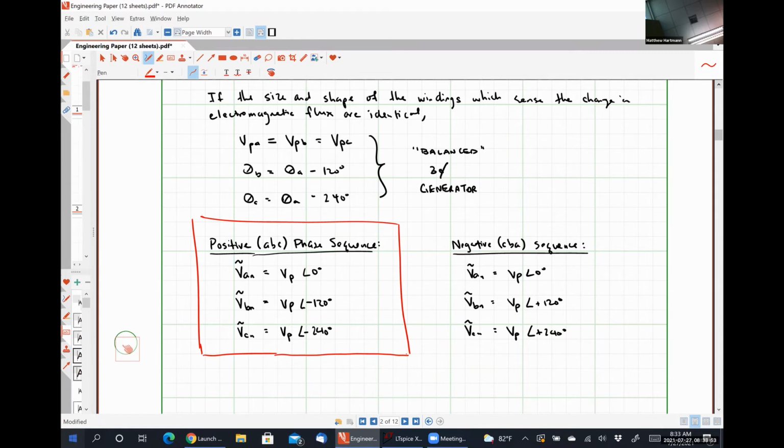So it is, in my opinion, entirely redundant to spend a significant amount of time talking about a negative phase sequence system when it behaves identically to a positive phase sequence system, except that, again, the sign on the angle is changed. That's literally the only difference, and it is due entirely to the change in rotational direction of the rotor. All right. So before we get on to our variations here, are there any questions?